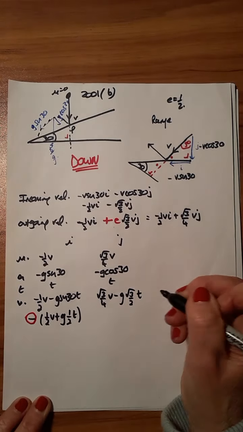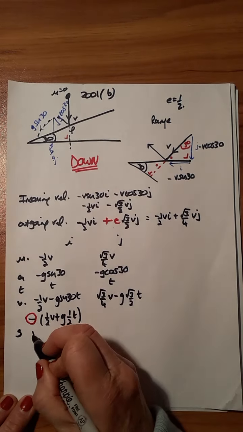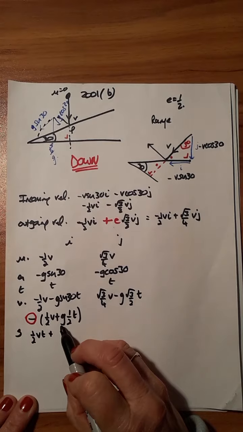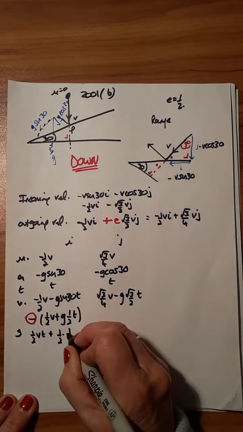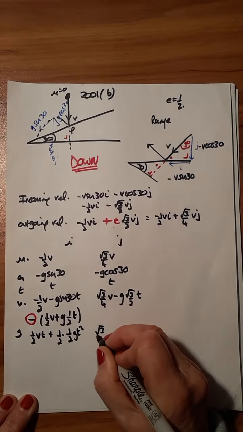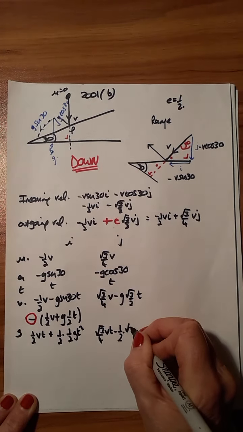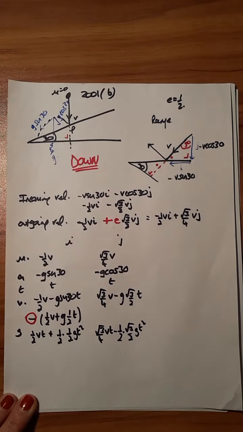So this will just be still minus g cos 30, and cos 30, of course, is root 3 over 2 t. Now my s will therefore be a half vt plus a half by a half g t squared, and this will be root 3 over 4 vt minus a half by root 3 over 2 g t squared.